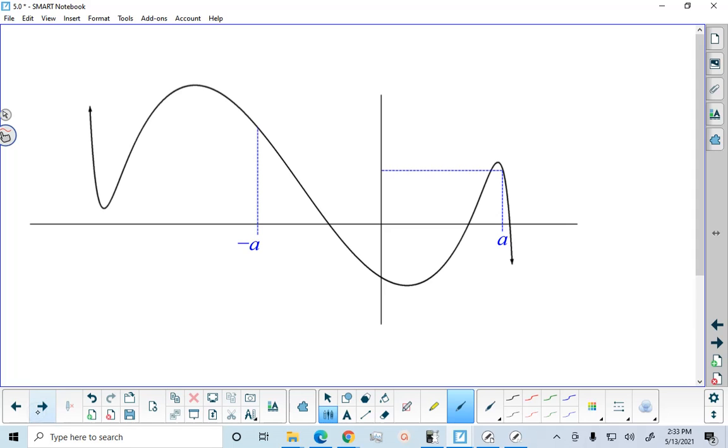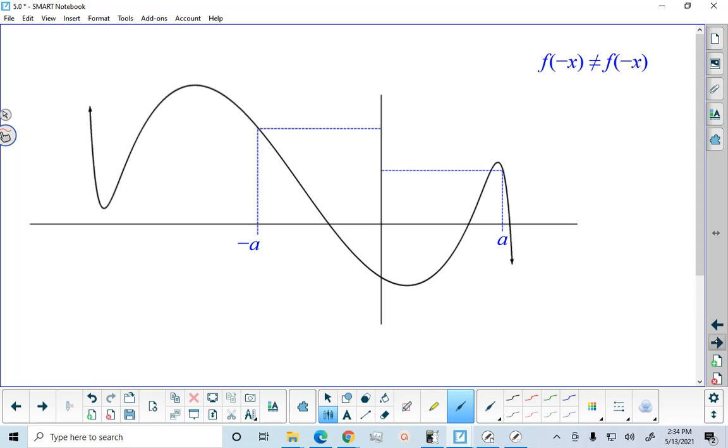And if I look at negative a, which is, again, everybody, this distance is the same as this distance. I'm just as far to the left of the y-axis to get to negative a as I am to the right of the y-axis to get positive a. But anyway, if you take a look at f of negative a, we have that. So now, is f of negative a equal to f of a? Well, no.